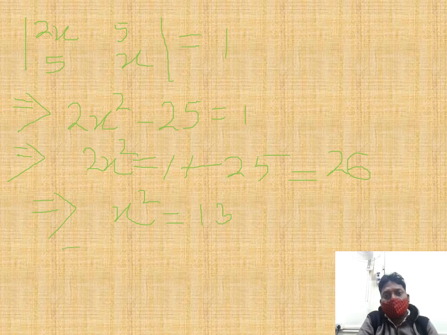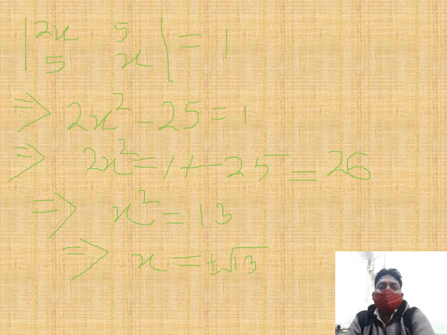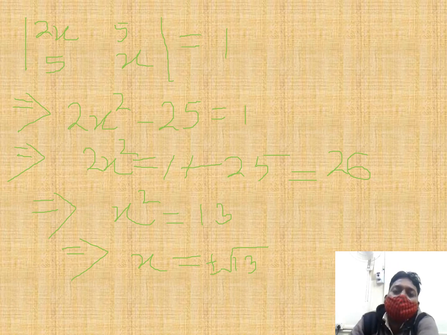If x square is equal to 13, undoubtedly x will be plus minus root over 13. So in this way, just like your general equation in x variable, convert this determinant to equation form and solve. You will find definitely x, whatever may be the value.